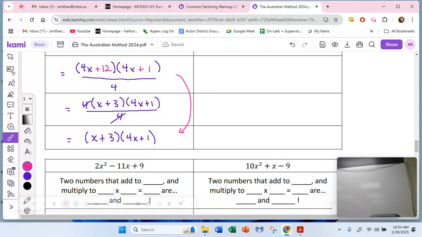Yeah, and because they have to add to the positive 11, that bigger number has to be positive. And then now, before, you couldn't divide a 4 out of 10. But now you can divide a 4 out of 12. What's 12 divided by 4? 4.